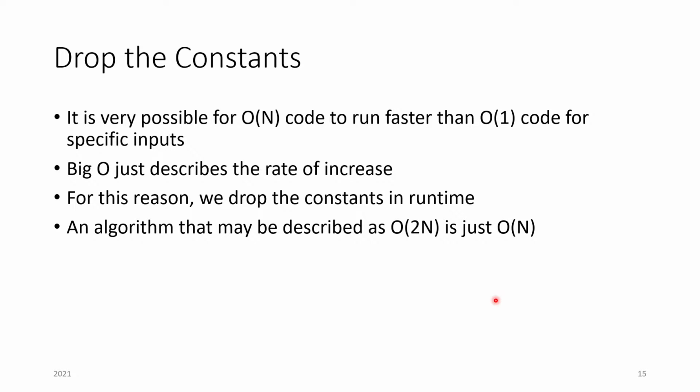We don't care how much it is increasing by. Once it is linear in nature, it's O of n. If it's quadratic, it'll be O of n squared. If it's cubic, O of n cubed. If it's logarithmic, O of log n, and so forth. We just care about the nature of it.